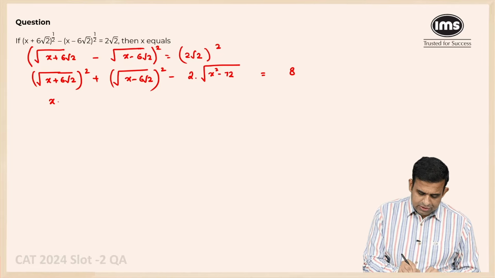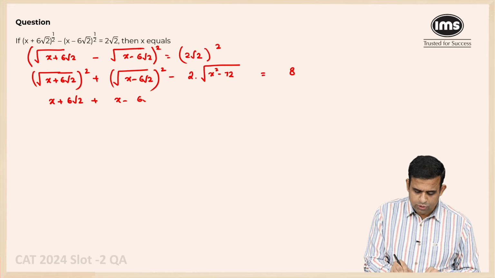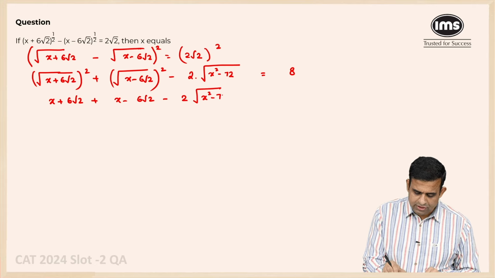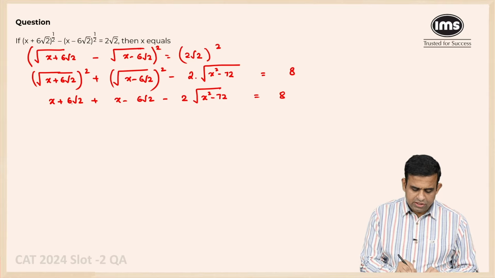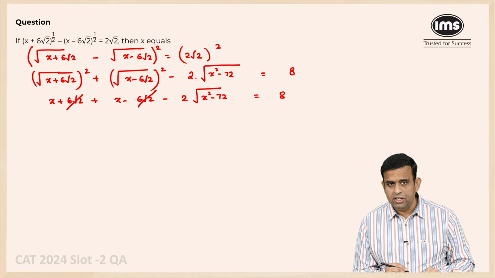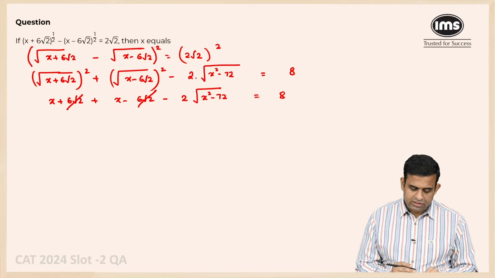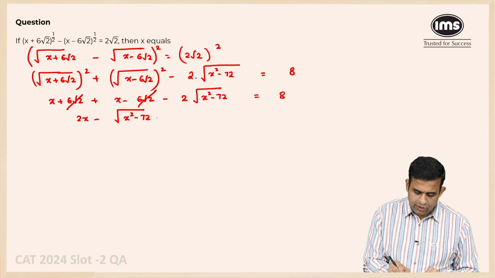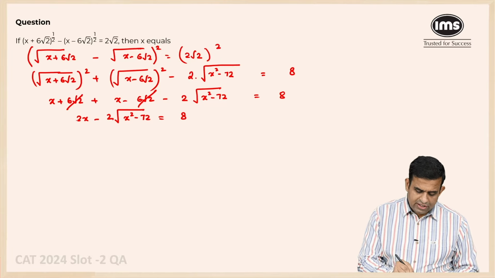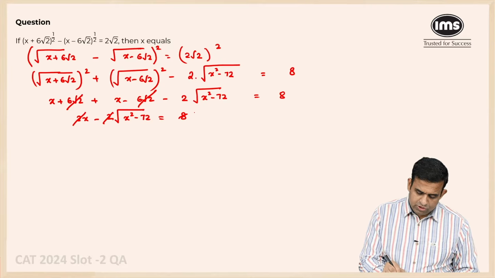This will become x plus 6 root 2 plus x minus 6 root 2 minus 2 times root of x square minus 72 is equal to 8 over here. And now this 6 root 2 term will get cancelled out. What I will get right now is 2x minus 2 root of x square minus 72 is equal to 8. I can cancel by 2 on both sides.